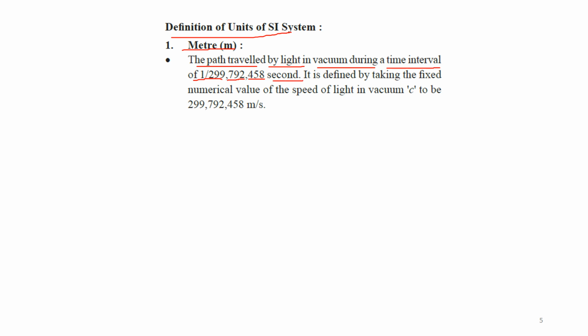It is defined by taking the fixed numerical value of the speed of light in vacuum, c, to be 299,792,458 meter per second. So this is nothing but the definition of the meter.